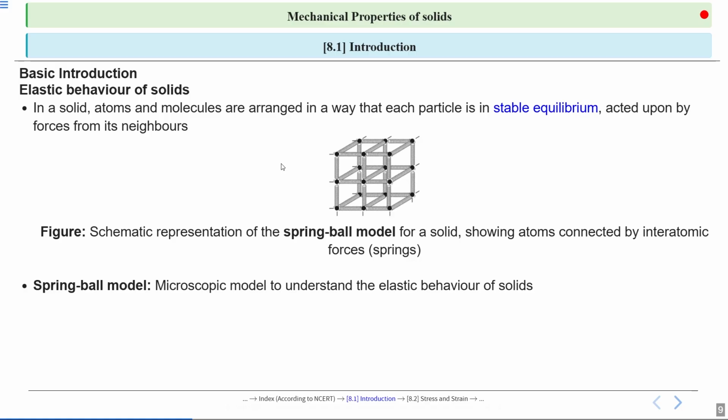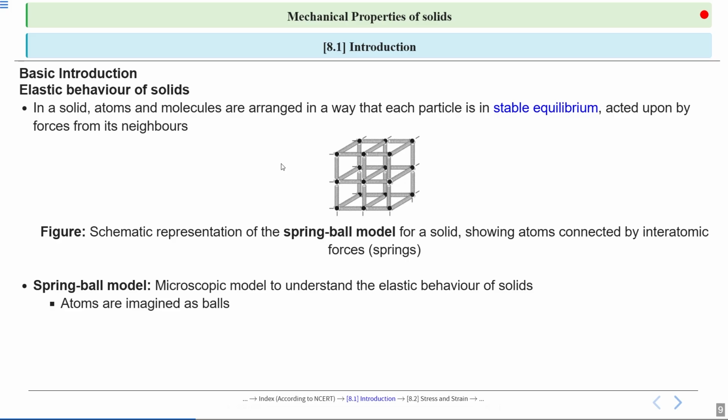Spring ball model. This is a microscopic model that helps us understand the elastic behavior of solids. It's a simple and powerful way to visualize how materials respond to forces at the atomic level. Atoms are imagined as balls.